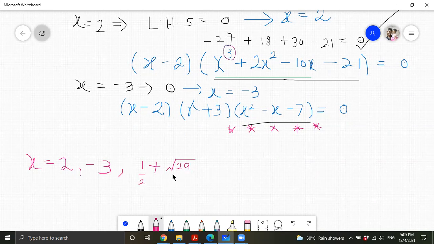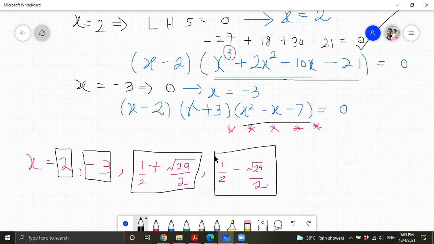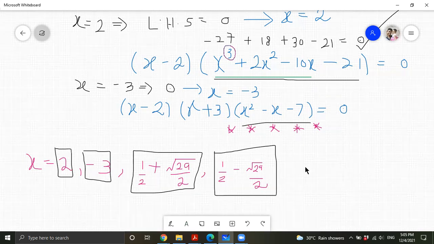So minus b plus or minus square root of b squared minus 4ac, that will give one value. Like that, the other value will be, when the first is plus, then the other value will be minus. So the same with the minus symbol, right? Yeah. So we have found 4 terms. First solution is 2, second solution is minus 3, third solution is 1 by 2 plus square root of 29 by 2, and the fourth solution is 1 by 2 minus square root of 29 by 2, right?